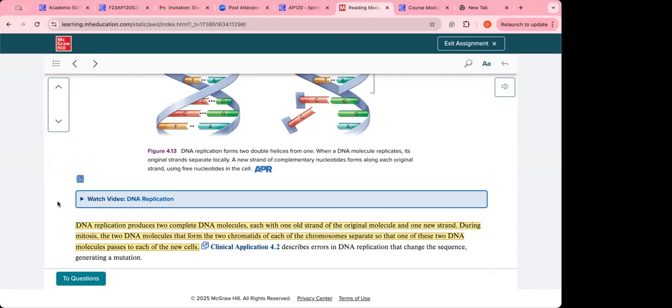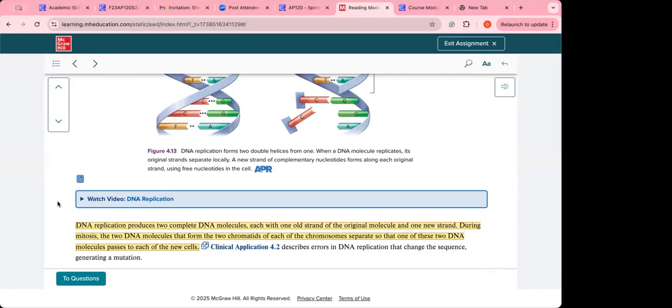During mitosis, the two DNA molecules that form the two chromatids of each of the chromosomes separate. So we have one old strand and one new strand, is what it says here.